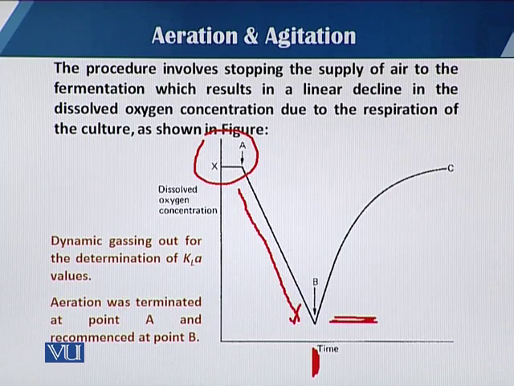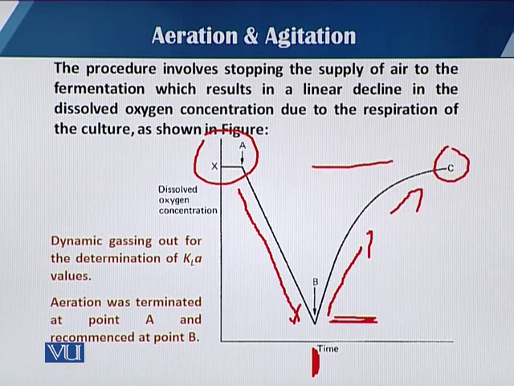When we start the aeration, there is a gradual increase in the dissolved oxygen, and that also goes up to a certain point, which is called C star, the saturation point. By this trend we can use the dynamic gassing out.